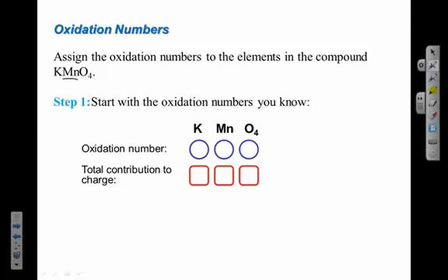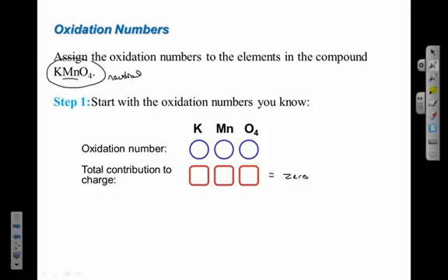So the first thing on the list of priorities tells me that if the overall charge is 0, the sum of the oxidation numbers has to equal 0. The next thing tells me that if I have a metal in group 1A, its oxidation number will be +1, right?